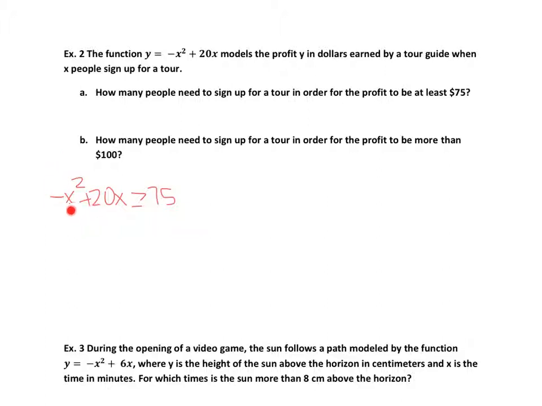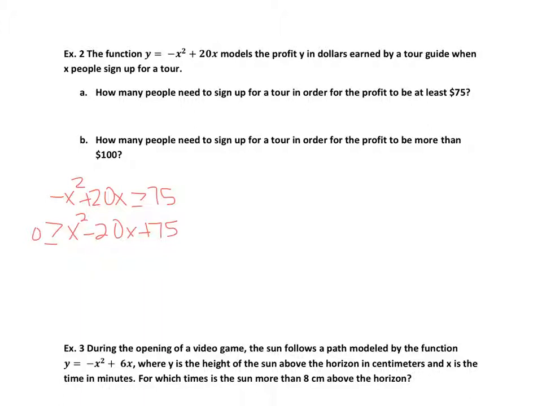I don't like that. If I'm going to try to factor, I want this to be positive. So I'm going to just move everything over here, the x squared and the 20x. You don't have to do that, but that's what I'm going to do because I like my x squared term to be positive. So this would be what it is if you move everything to the right side.